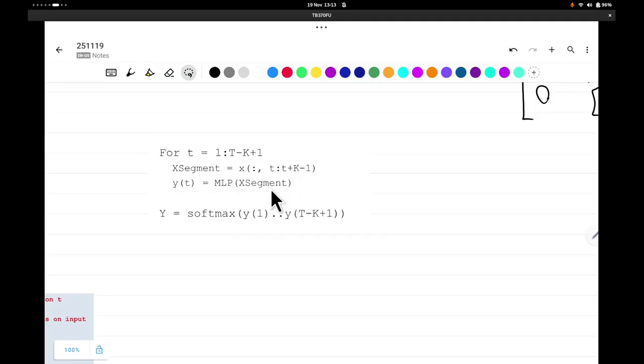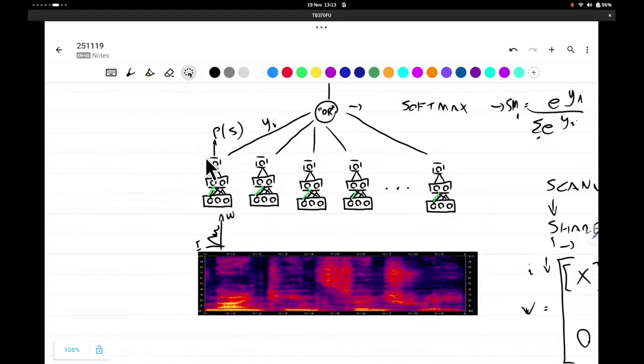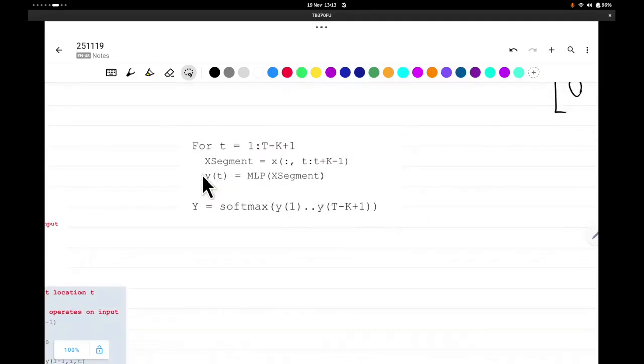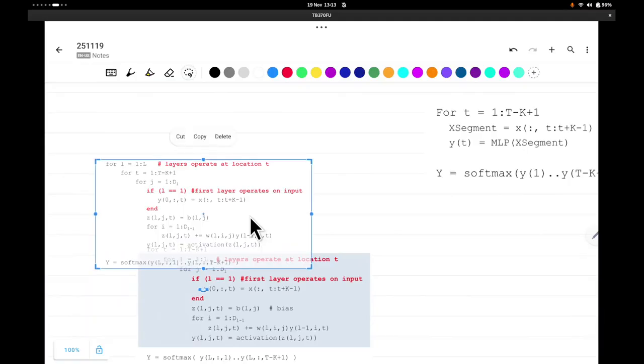And then I look at the output of the multi-layer perceptron applied to that segment, right? So this would be this subnet. It's a fully connected subset of the whole network. It is a multi-layer perceptron, and then apply the softmax in order to see if that signal is there or not.